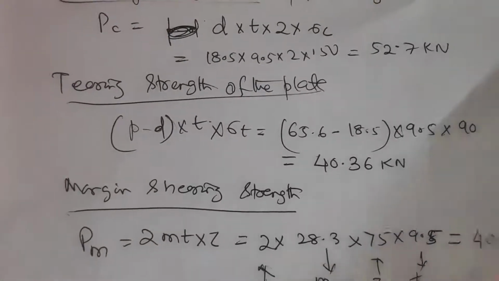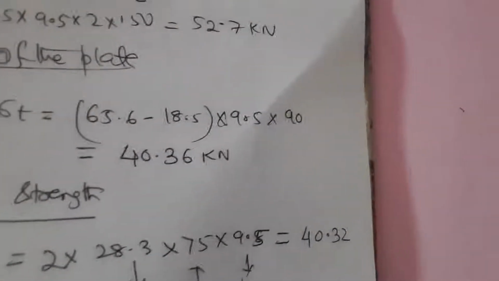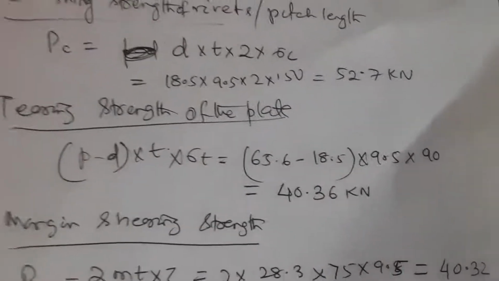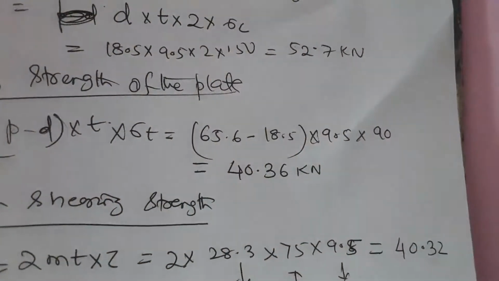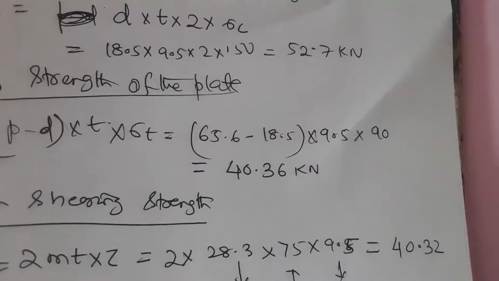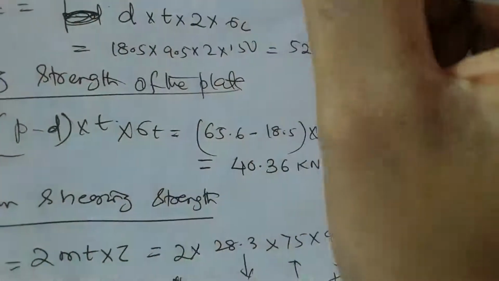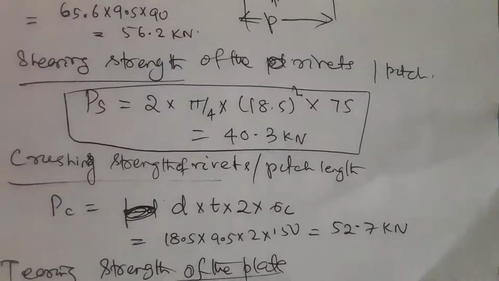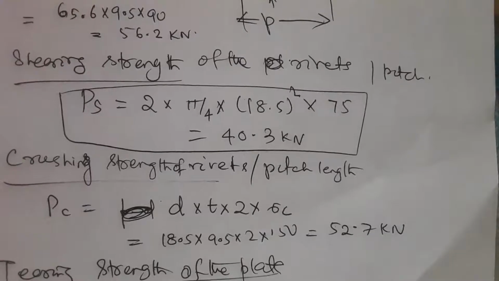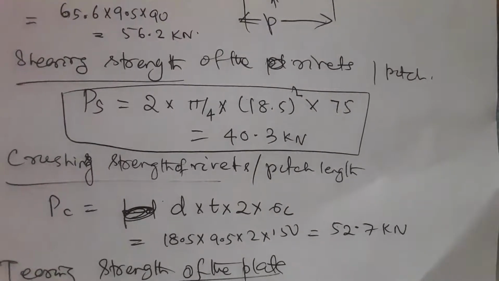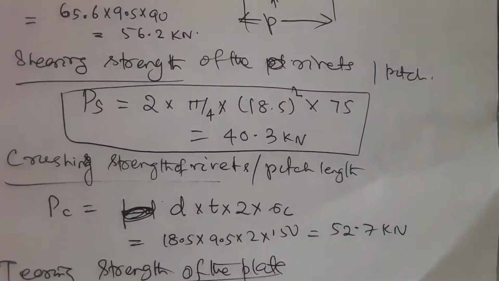So out of these, this is 40.32, this is 40.36, this is 52.7, this is 40.3. Out of this, 40.3 is the minimum, that is the shearing strength. So the shearing strength is minimum because 40.3 is less than 40.32 is less than 40.36 is less than 52.7.